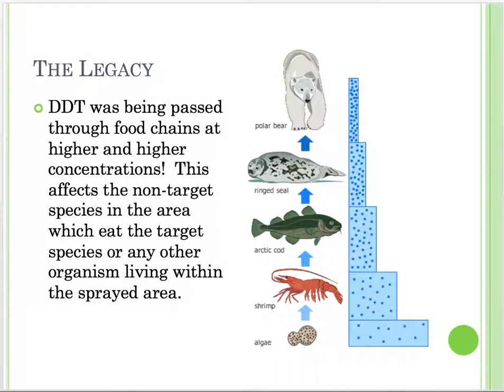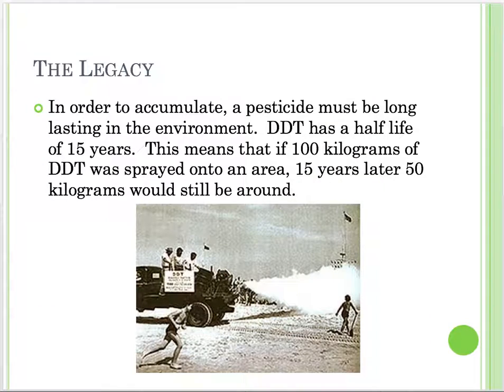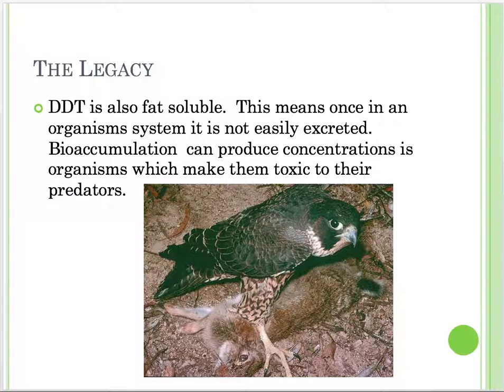There we go, another example. This is another problem. When we say it's a persistent chemical, it has a really long half-life. DDT has a half-life of 15 years. So with 100 kilos of DDT, 15 years later, 50 kilograms would still be around. Synthetic pesticides take a lot longer to break down in the natural environment.